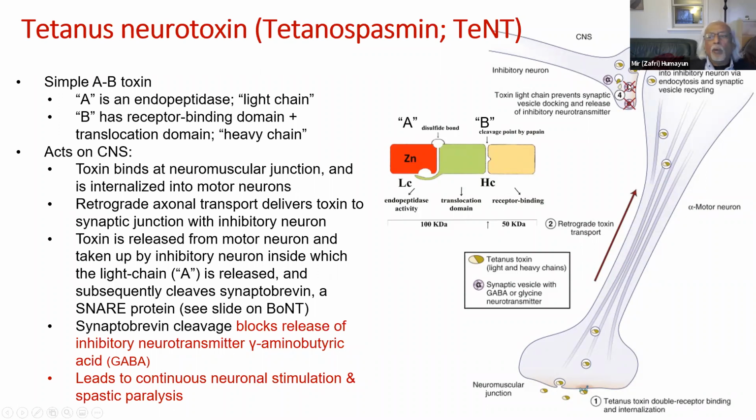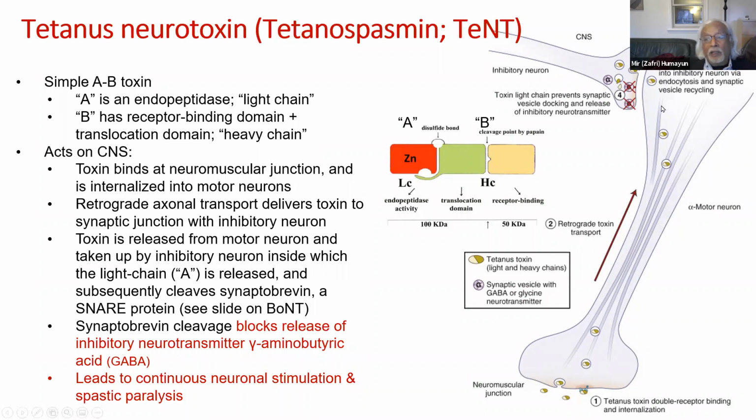neuron. What's an inhibitory neuron? In normal control of a muscle, the brain sends signals to contract a muscle, but once the job is done, it has to make the muscle stop contracting. So to make it stop contracting, it has to send an inhibitory signal as well.